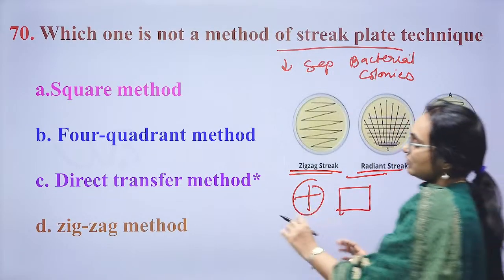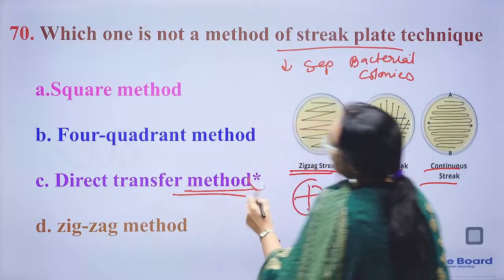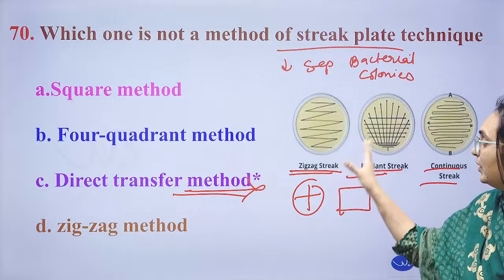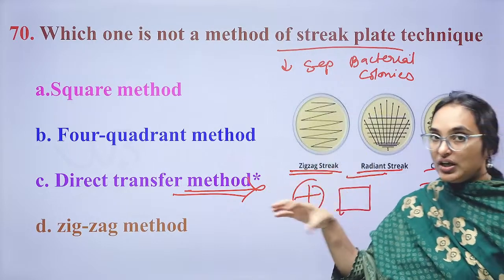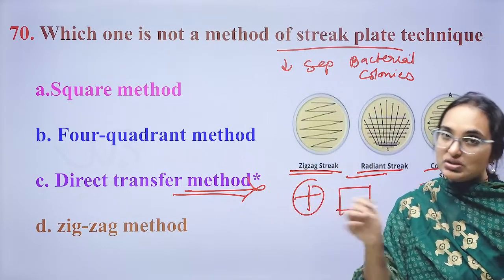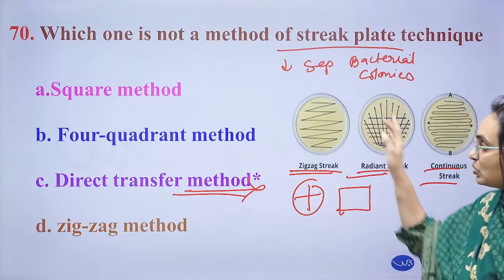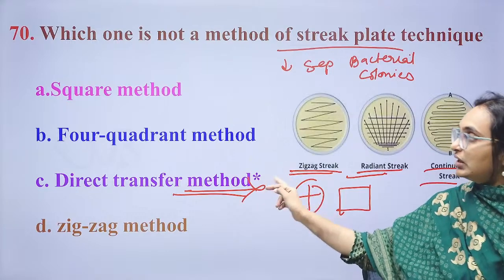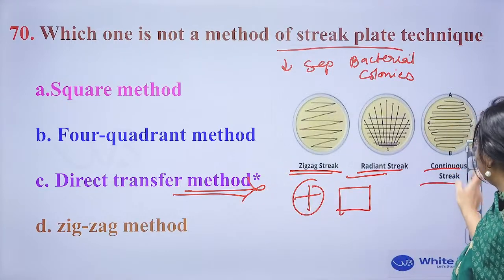Okay, direct transfer method is not there. Except this, all others are methods of the streak plate technique, used to separate the bacterial colonies colony-wise. So square method, 4-quadrant method, zigzag method, all these are there except direct transfer method. So option here is C.